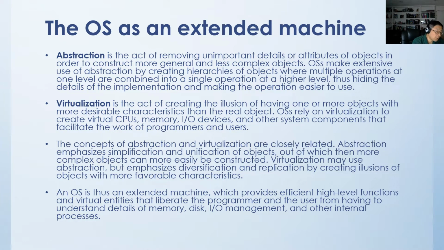Now, each single copy command consists of a whole bunch of operations at the lower, hardware level. Okay, so that's the abstraction. The user performs one single operation, says please copy this file, and then the computer system actually performs a couple of operations at the hardware level. So abstraction is the act of removing the unimportant details and attributes of the objects.